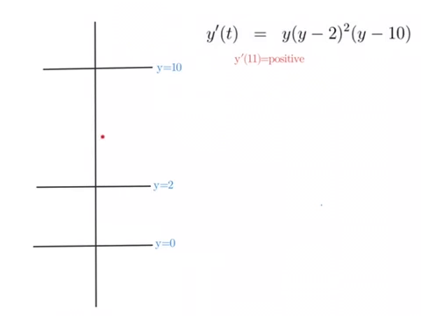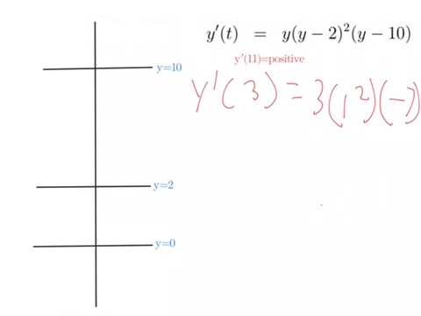Next, we're going to test a number between 2 and 10, and we can pick 3. So y prime of 3 equals 3 times 1 squared times negative 7. And that equals negative 21, which of course is negative.